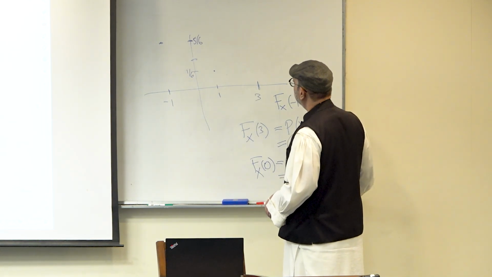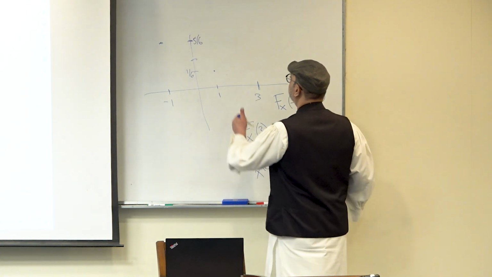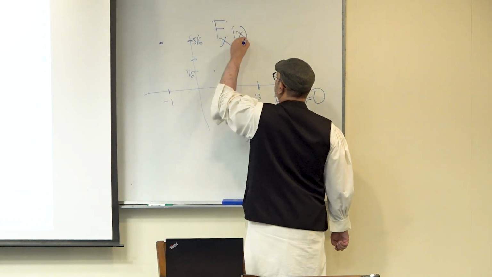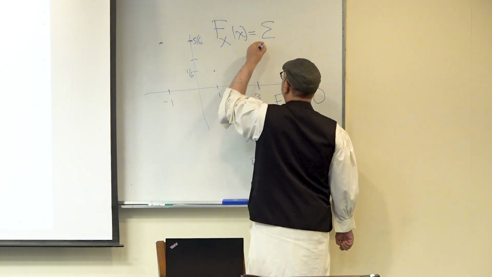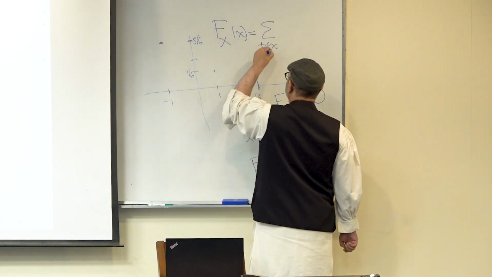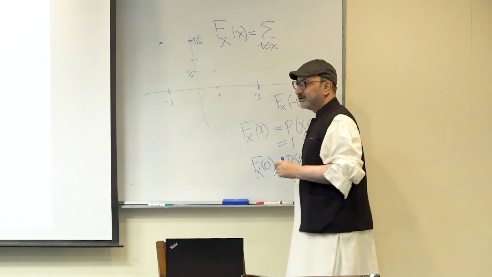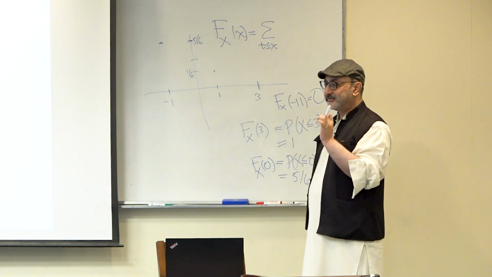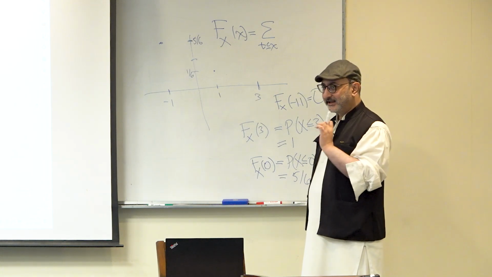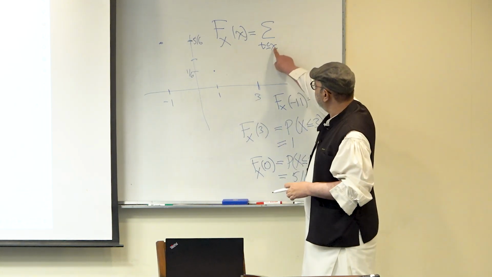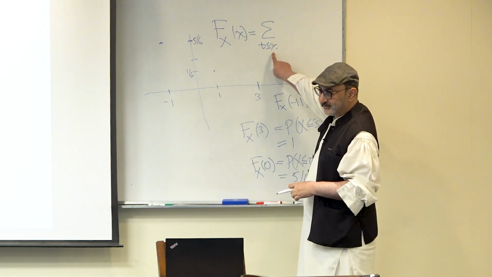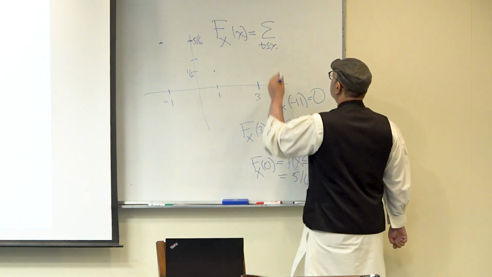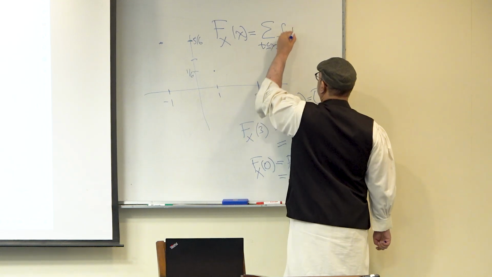So the formula is that f sub x of x is equal to the sum over all the allowed values t that x might take, which are less than or equal to this x that you have specified, of f sub x of t.